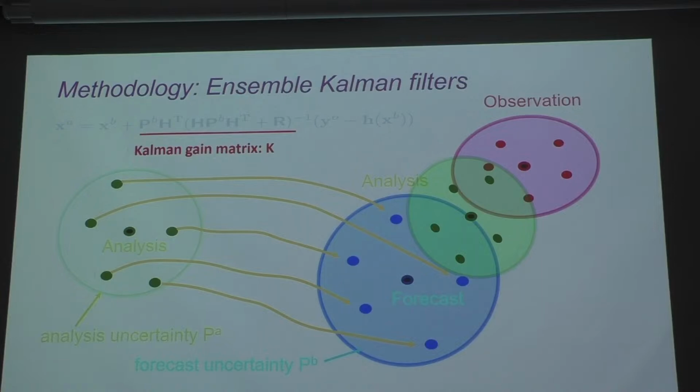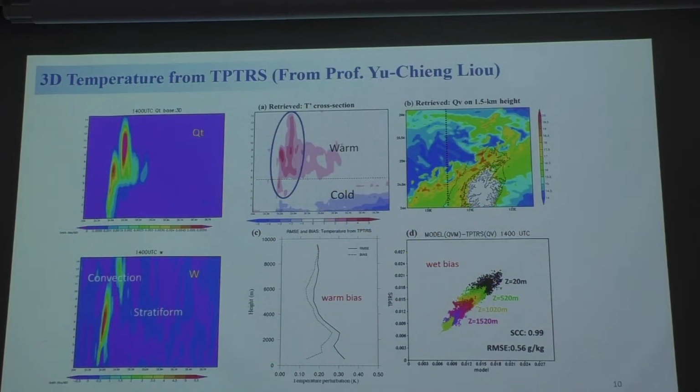By using ensemble, you are able to describe the flow-dependent errors in different cycles or different times. Here, Professor Yu-Chieng developed TPTRS, a thermodynamic retrieval algorithm. So in fact, we are capable of understanding the structures of precipitation, the three-dimensional temperature inside the precipitation.